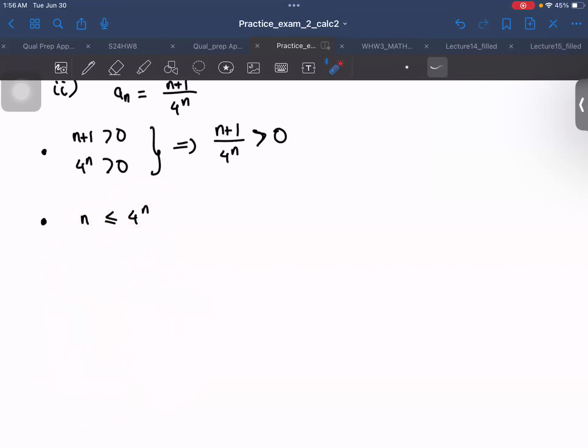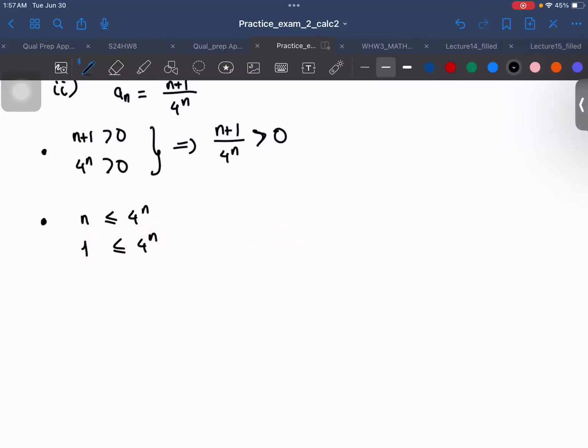Okay. The next thing is 1 is also less than 4 to the n for sure, because n is starting from 1. So for any values of n, 4 to the n is always larger than 1.